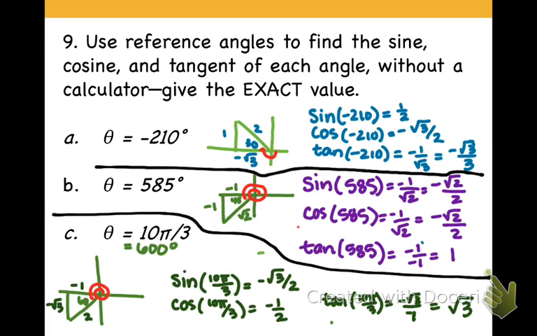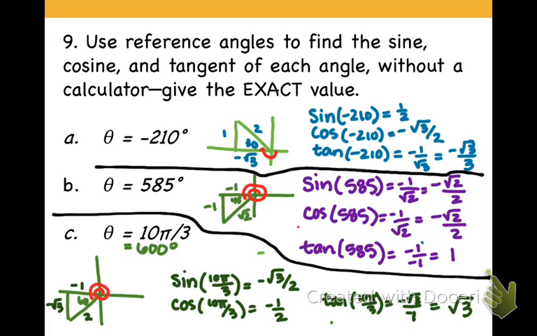Hypotenuse is still positive, and that's our positive root 2. So for sine and cosine, I do need to do some rationalizing, and they become negative root 2 over 2 for both sine of 585 and cosine of 585. Whereas tangent is negative 1 over 1, which reduces, the negative ones cancel, and we get a positive 1.